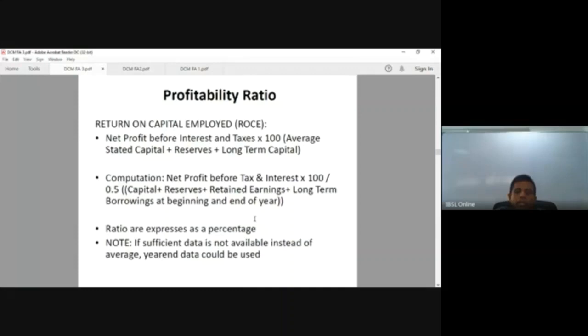Here we take the total capital, and the other item is net profit before tax and before interest, because we take the total capital here.